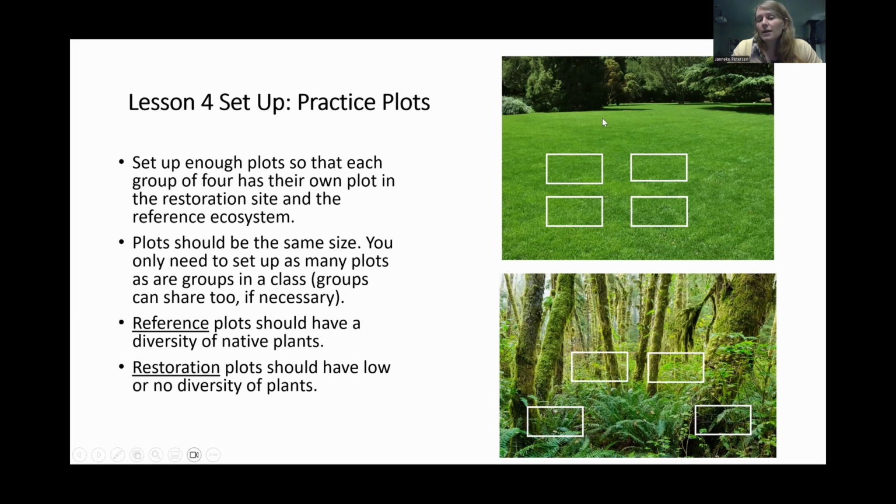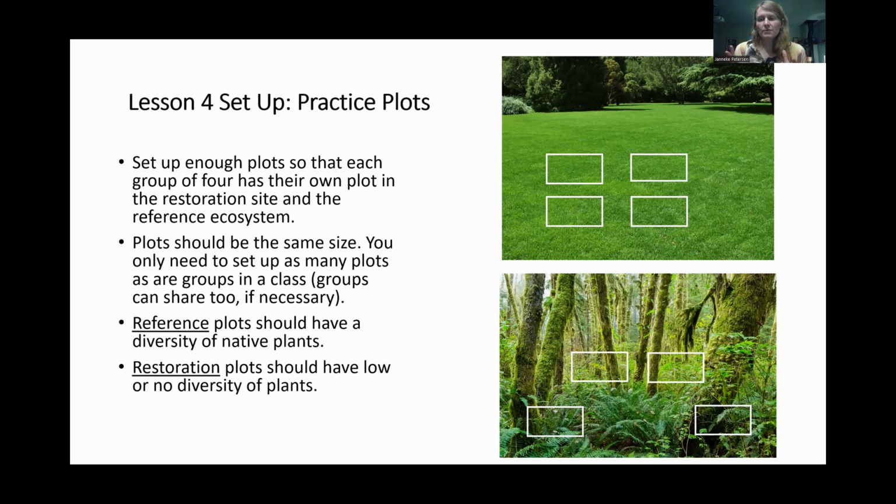So when you're setting up your restoration plots, if your restoration site has an area that actually does have some diversity of plants, just avoid that area for the restoration plots, because students are going to gather data on the type and variety and abundance of plants in each plot.